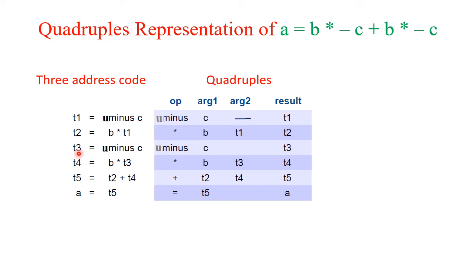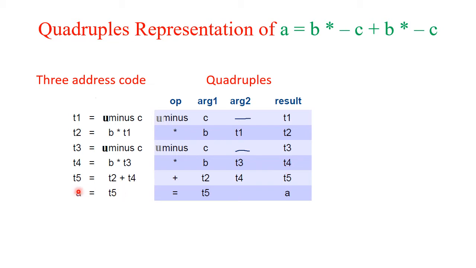So, coming to the third statement, what is the operator here? Unary minus. First operand is C. We don't have a second operand, so we can leave it, and the result is T3. Now T4 is equal to B star T3. The operator is star. The operands are B, T3. Intermediate result is T4.